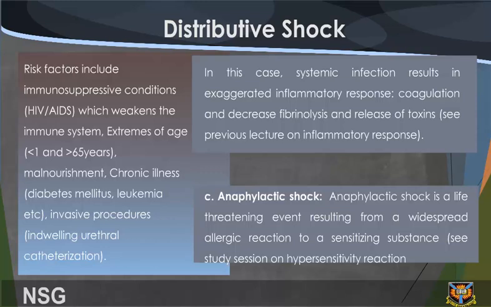In this case, systemic infection results in exaggerated inflammatory response, coagulation and decreased fibrinolysis and release of toxins. See previous lecture on inflammatory response.